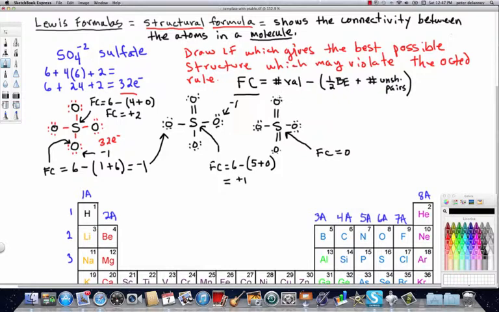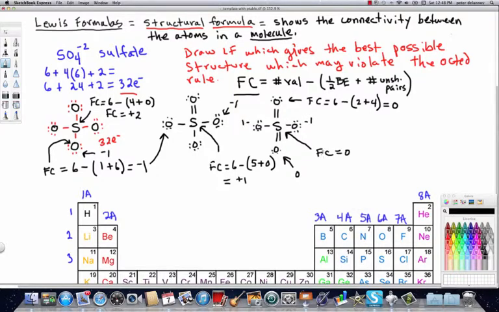So you can clearly see those unpaired electrons. The FC for a double bonded oxygen is going to be equal to 6 minus 1/2 the bonding electrons. We've got 2, 4 electrons, and half of that's going to be a 2. And then we've got 2 unshared pairs of electrons for a total of 4. So notice the FC on a double bonded oxygen is 0. So that makes this guy 0 too. And each of these oxygens is -1.